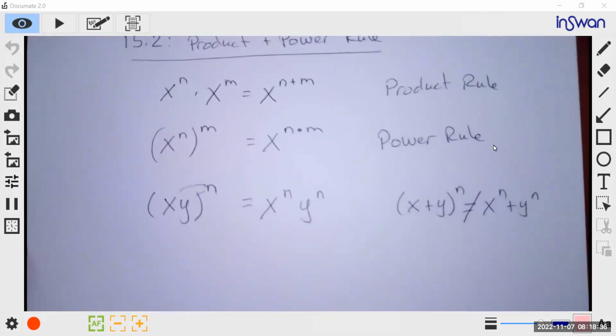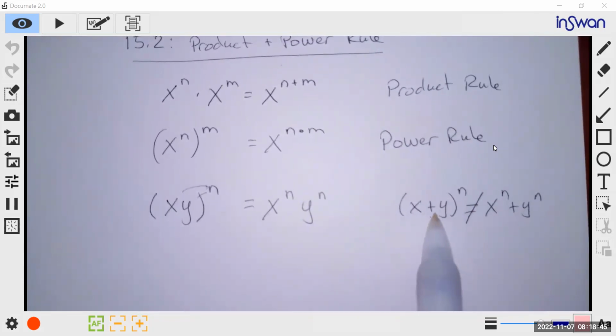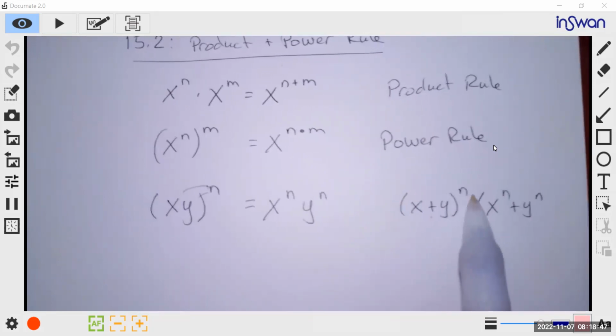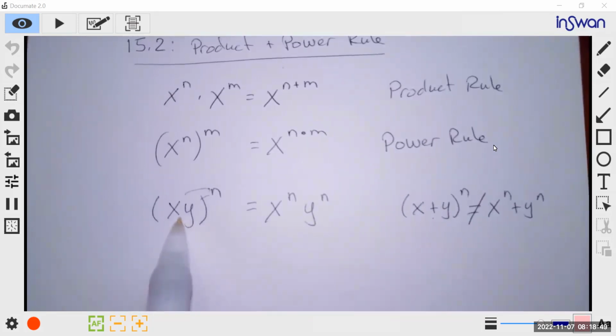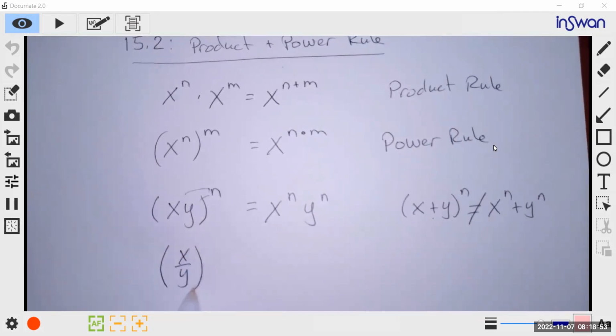It doesn't work if there's a plus or minus inside the parentheses. You cannot distribute the exponent. Only if it's multiplication or division can we distribute that exponent.